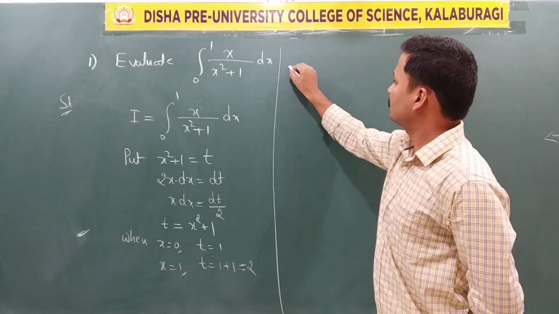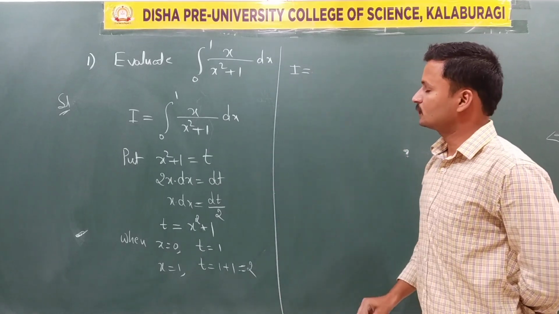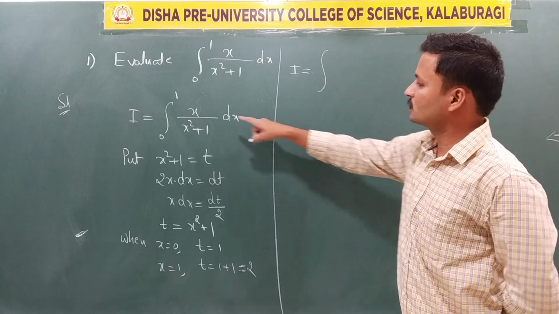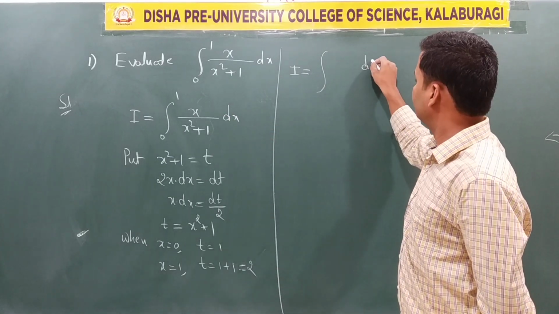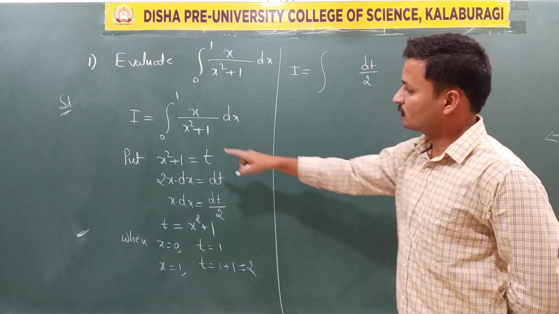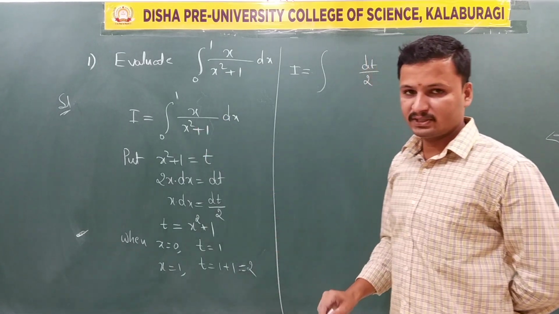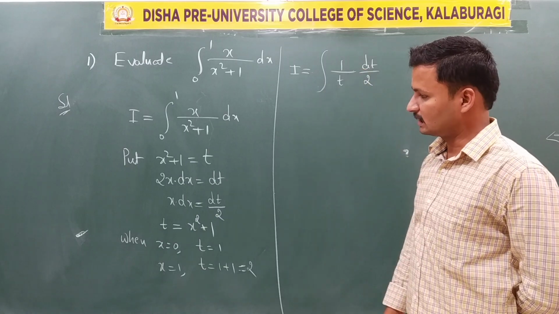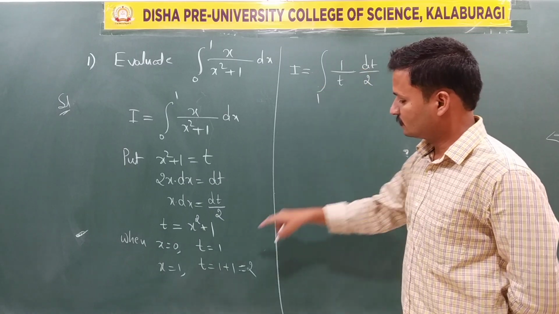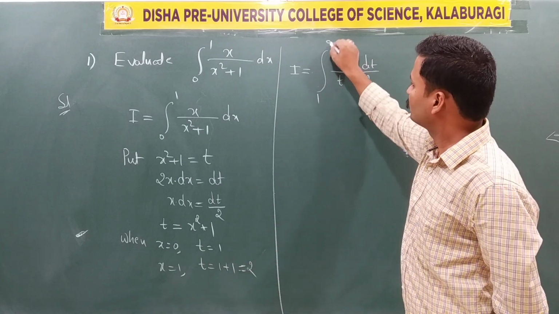So integral I reduces to the integral of, since x into dx is dt by 2, dt divided by 2, and 1 divided by x square plus 1 is 1 by t. The lower limit is 1 and the upper limit is 2.